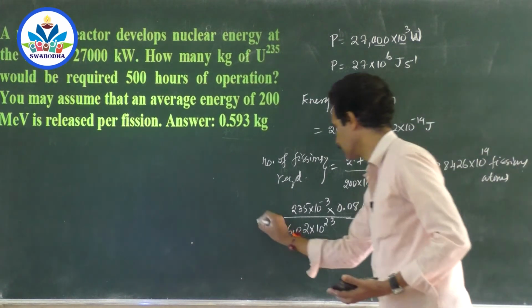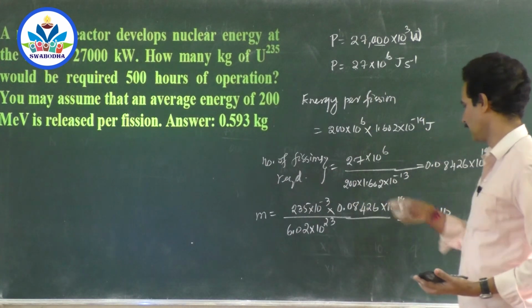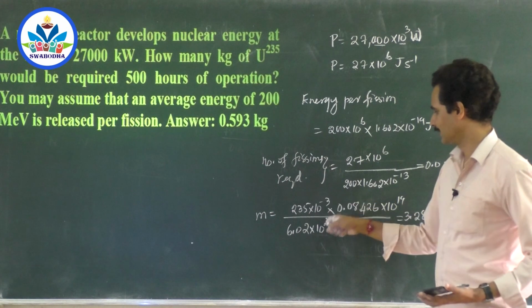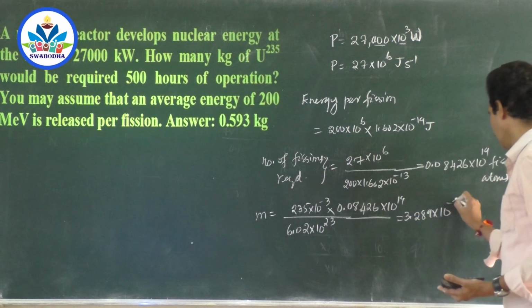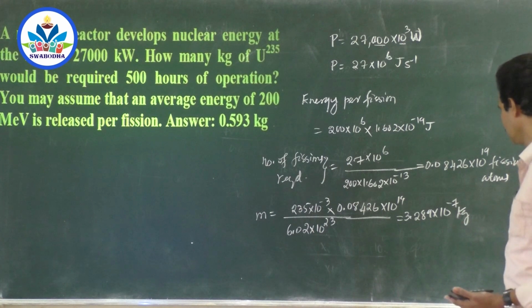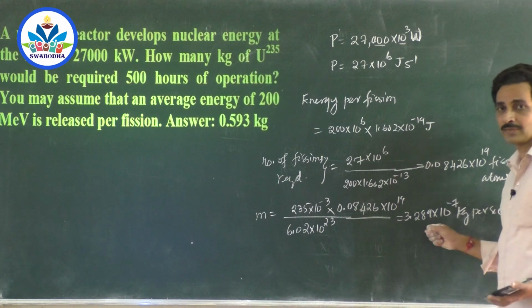This many atoms weigh this much. Combining the powers: minus 26, plus 19, minus 7, in kg. Right? This is per second, which we have left out everywhere. This much mass is required every second.